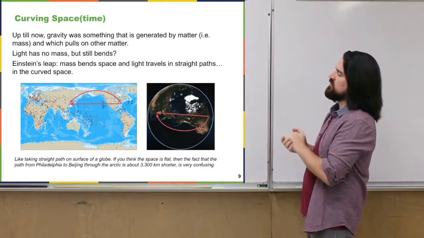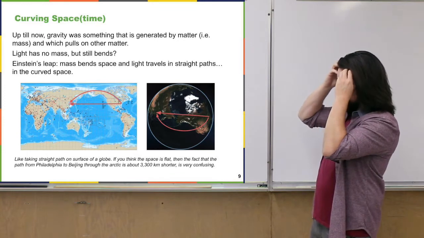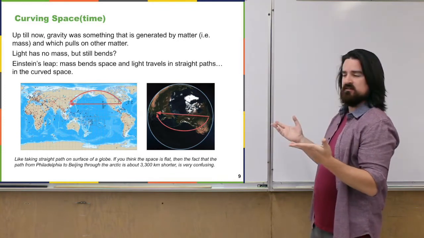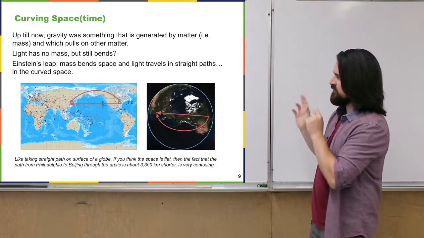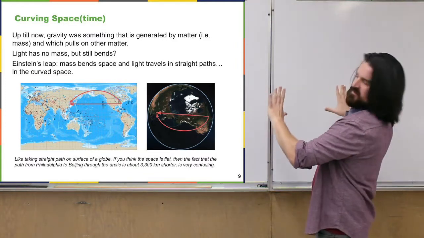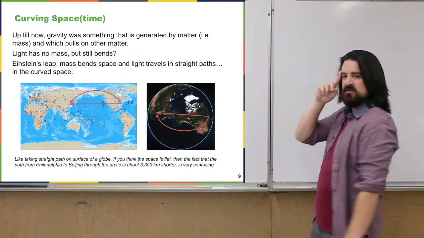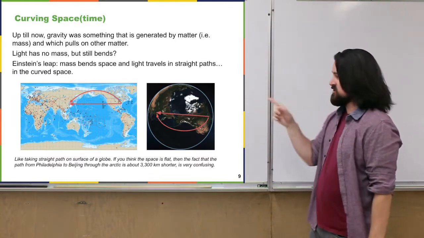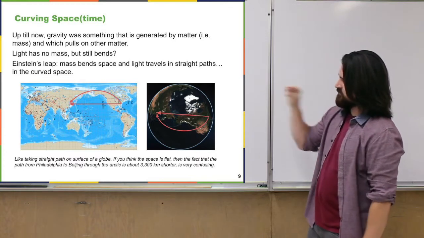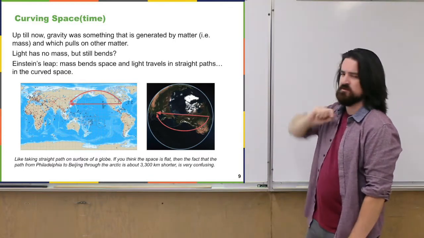So you can think about this like straight path or shortest path in a curved space by thinking about moving between places on the surface of the Earth. If we were to imagine taking a flight, say from Philadelphia to Beijing, if I thought that the Earth's surface is flat and just draw it out, and I get a picture of something like that on the left, it would seem to me that the shortest distance, the straightest path from Philadelphia to Beijing, is just straight east to west, straight across the Pacific.